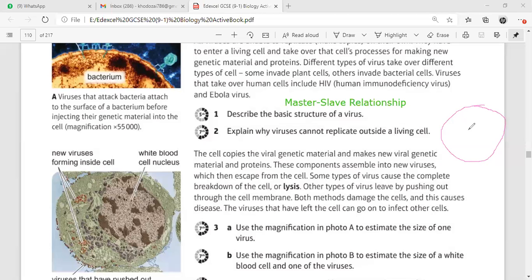For example, this is the host cell. It has its own DNA, this is the nucleus of the host cell. The virus will make entry. The detail I will tell you a little later. For example, this is a virus. I'm going to make a virus.